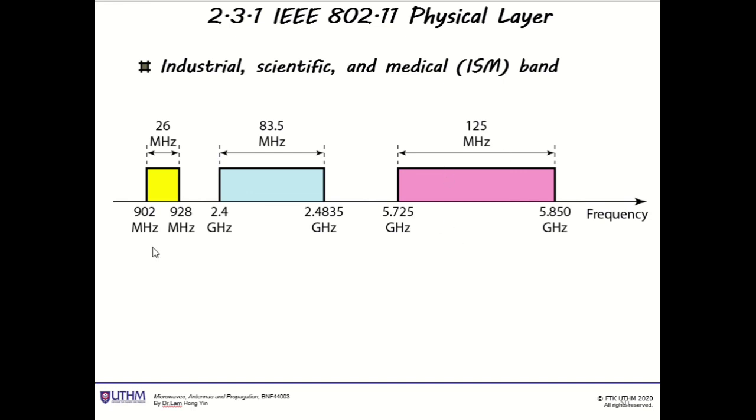This is also free, and we also have a 902 to 928 MHz band. At the low frequency, we have another band at 433 MHz, which is also free to use. It is usually used for IoT or long range communication, such as LoRa. For IoT at 2.4 GHz, usually we use Wi-Fi or Zigbee.